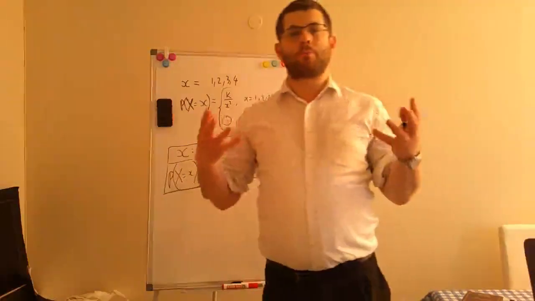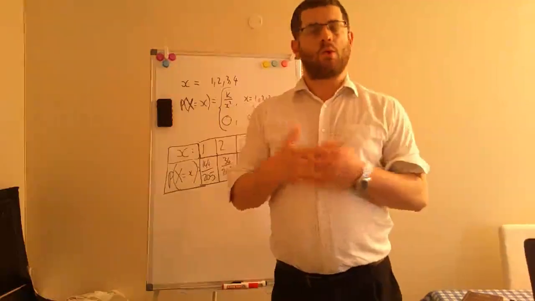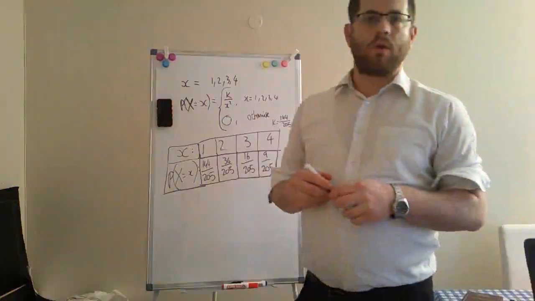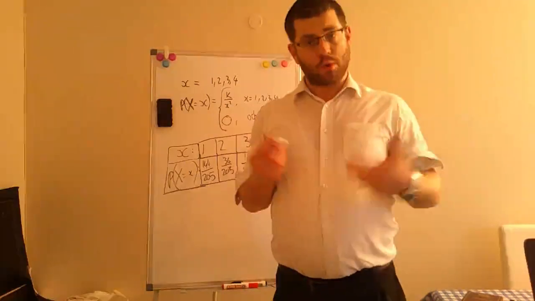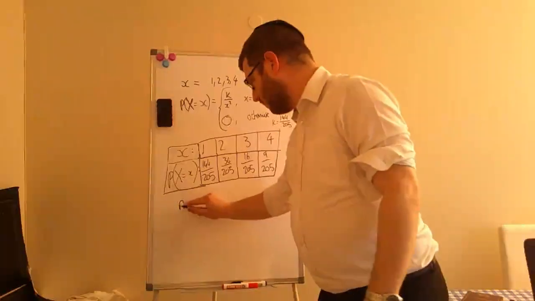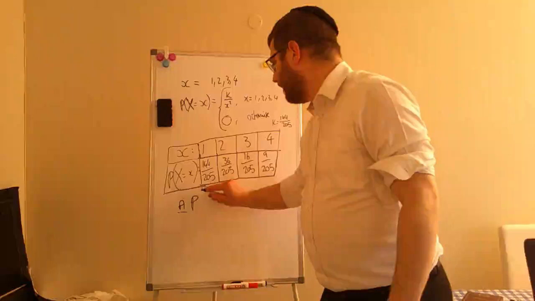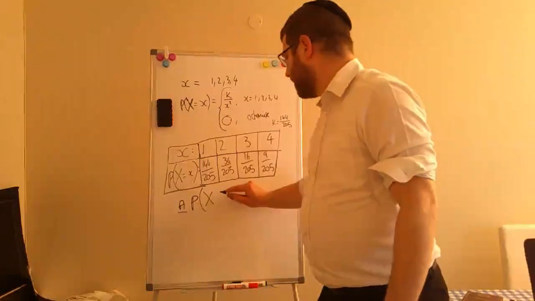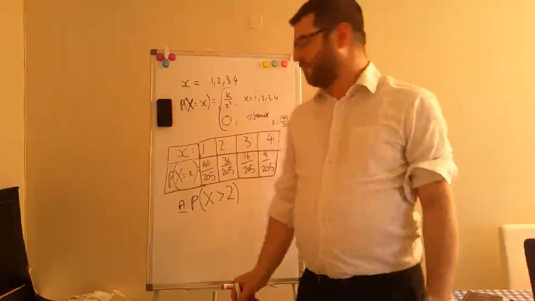So, apart from the probability distribution and formulating that, what could they ask you? Let me give you some questions, and I want you to think by yourself how you'd solve them. I want you to work out some probabilities. Part A, P of x bigger than 2.